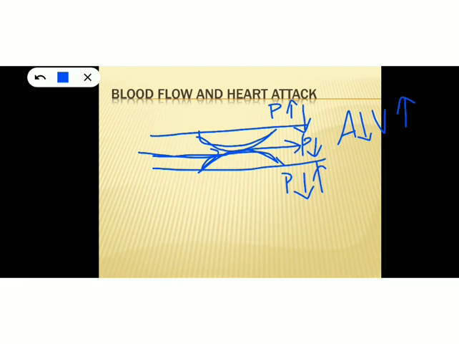This may result in a heart attack. So the increase in speed lowers the pressure inside the artery and it may collapse due to the external pressure. So this is the Bernoulli's principle behind the heart attack and blood flow. Okay, so that's all about the applications of Bernoulli's principle. Many other applications are also there.